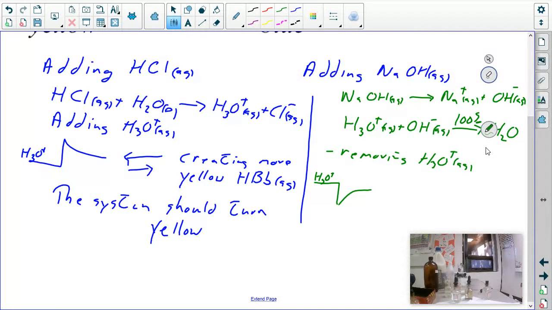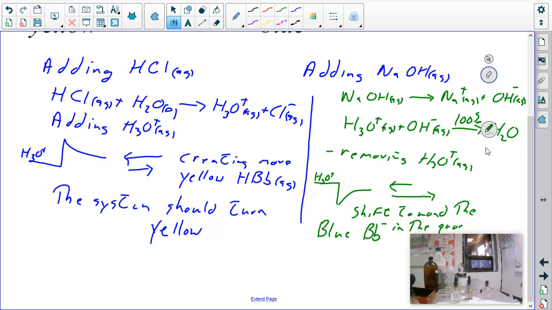And in terms of reactions, the reverse reaction will slow down. The forward reaction will stay the same. We have a shift toward the blue. So we should see a shift towards the blue HBB.